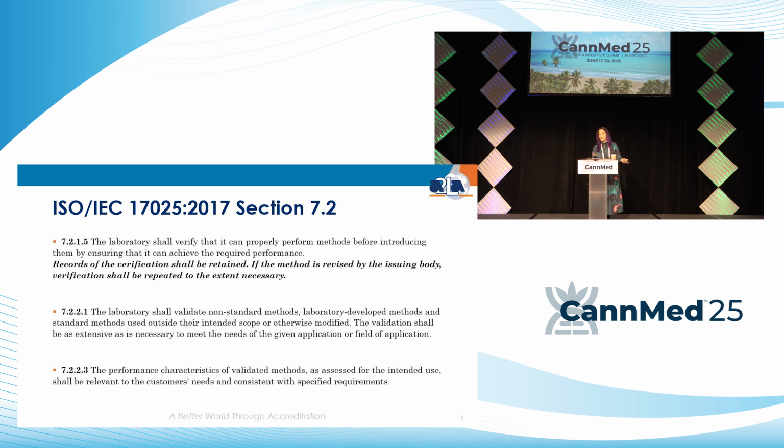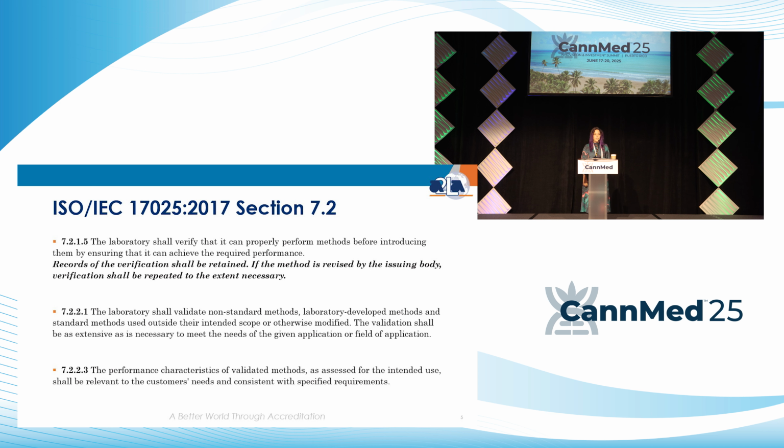So this applies to standard methods, methods that are already published, and this is something that is necessary for validated methods, but when you're actually performing a method validation as a testing laboratory, there are additional requirements listed in 7.2.2.1.